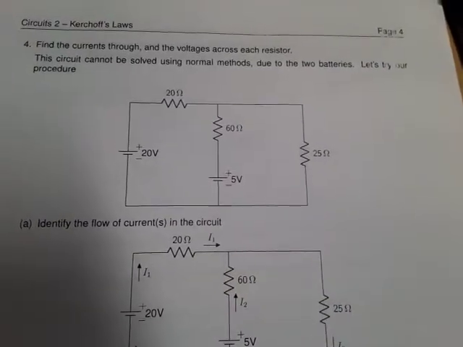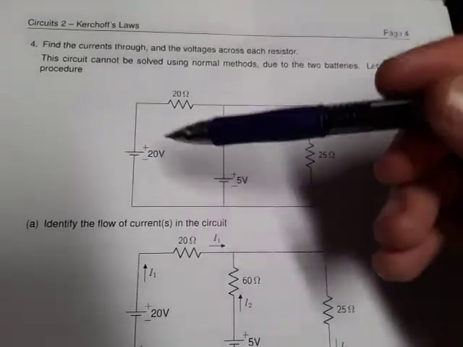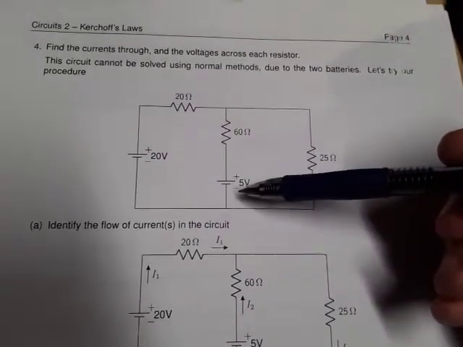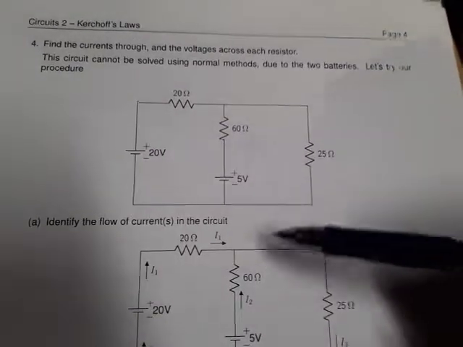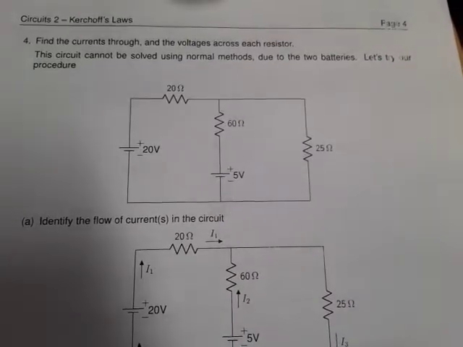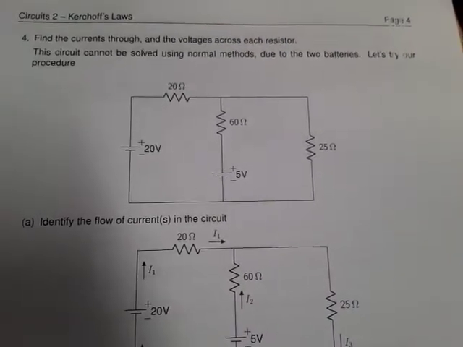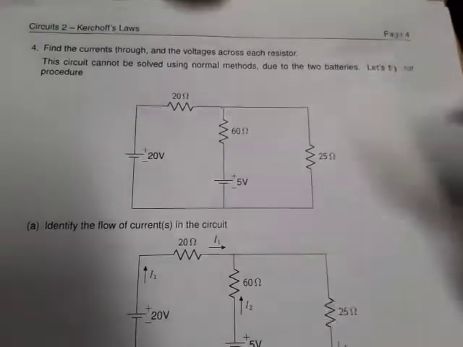Now, because we have these two batteries here, there's no easy way to go from what's presented here to an equivalent resistance, an equivalent current, a total current, and then how it splits up. But you can make some estimates here.